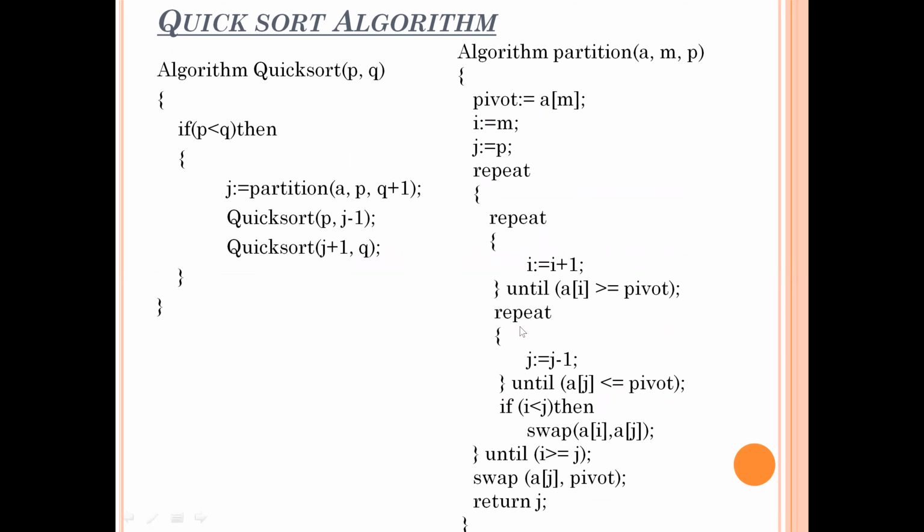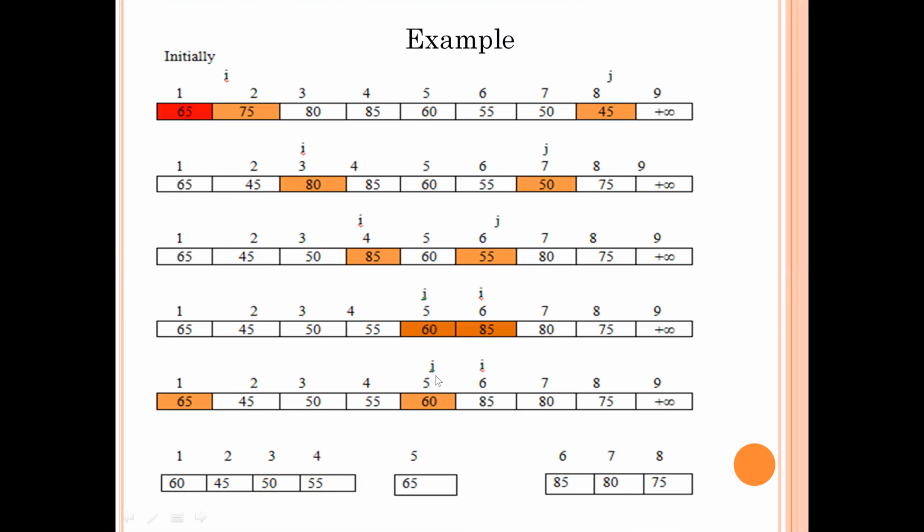This is the repeat of I, repeat of J, and if I is less than J, then A of I and A of J are swapped. This total process is done until I is greater than or equal to J, that is, when I crosses J. If I crosses J, now J came here and I came here, so I and J have been crossed.